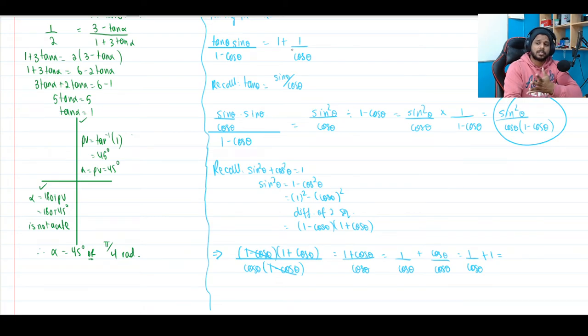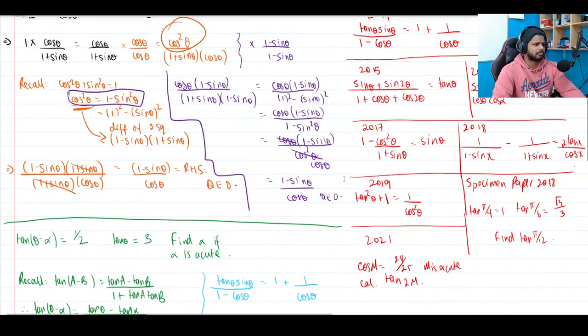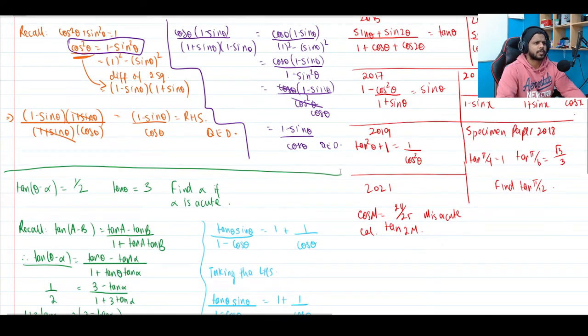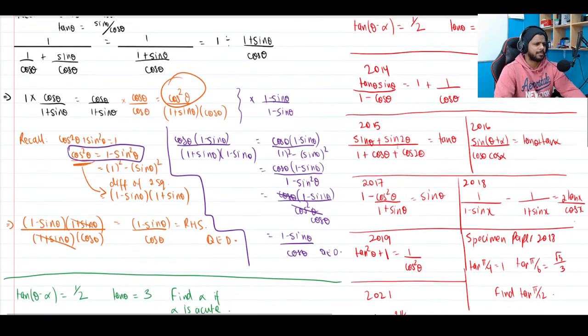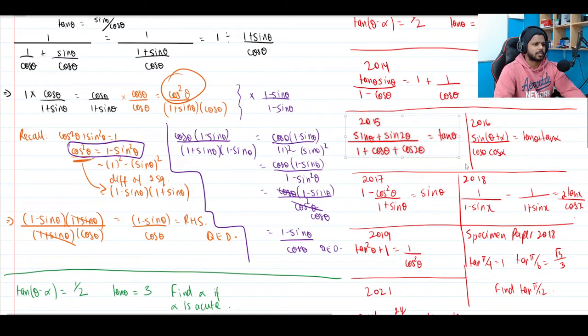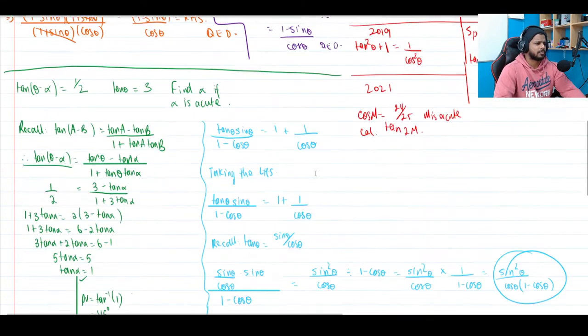Don't say it's equal to the right hand side as yet, because the right hand side is 1 plus 1 over cos. So just rearrange it first now. It's the right hand side, QED. This one was a simple one. This was 2014. Right, let me tackle 2015 now.